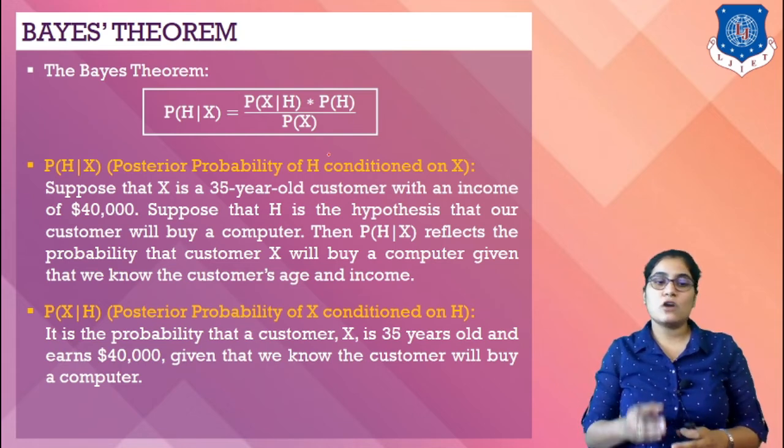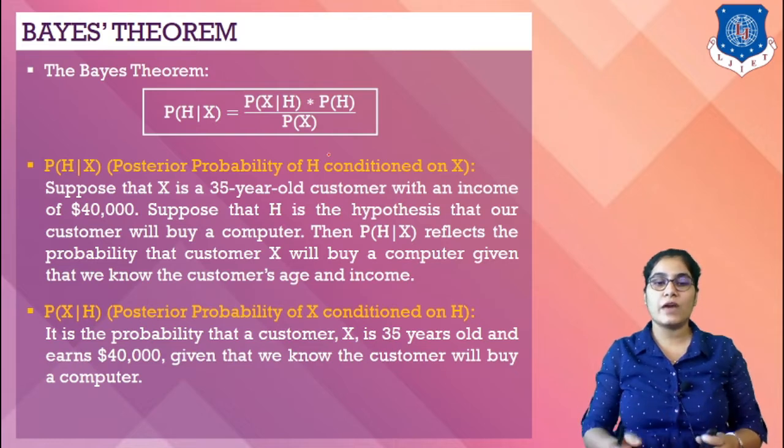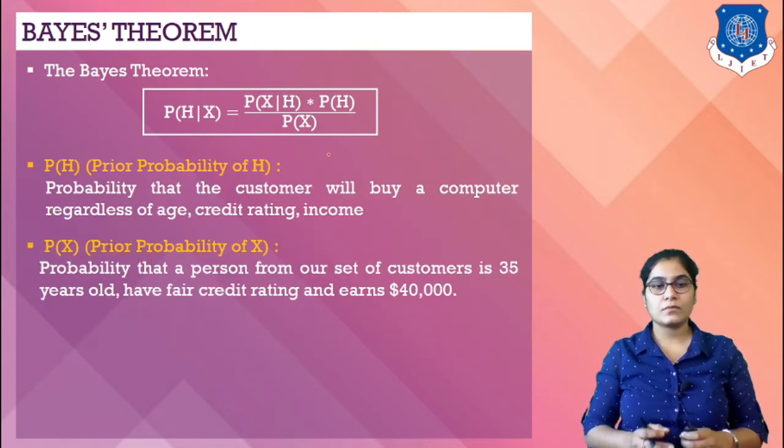Next, the probability of X given H, P(X|H), which is known as the posterior probability of X conditioned on H. It is the probability that customer X is 35 years old and earns $40,000, given that we know the customer will buy a computer.